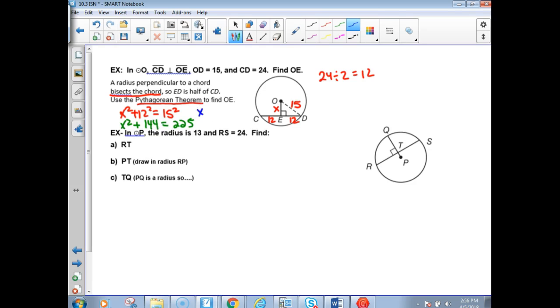So we need to do 225 minus 144, which is 81, and then we take the square root. So if x is equal to the square root of 81, it is going to be 9. All right, so I found OE is 9.